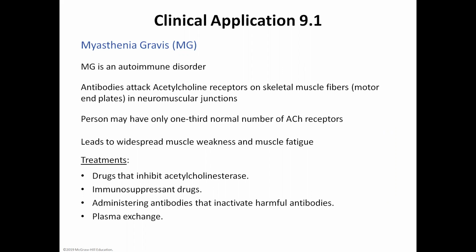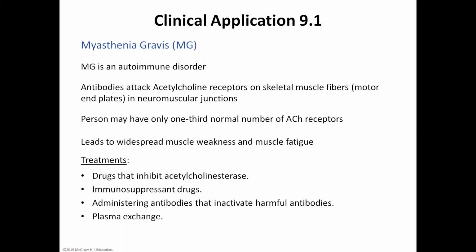So what happens here is, again, these acetylcholine receptors are not able to allow for that transmission. The antibodies keep the acetylcholine from binding onto those receptors properly. And therefore, you don't get that proper action potential, and you don't get that proper muscle contraction. The people that are usually afflicted have about one third the normal number of receptors. So it's not that they're completely wiped out, but there is significant weakness and fatigue going on.